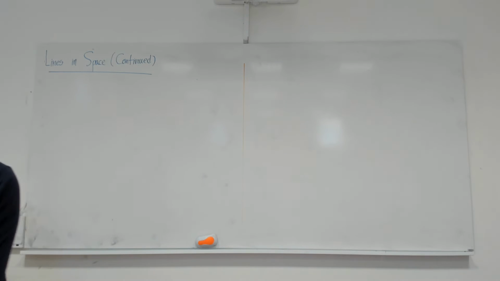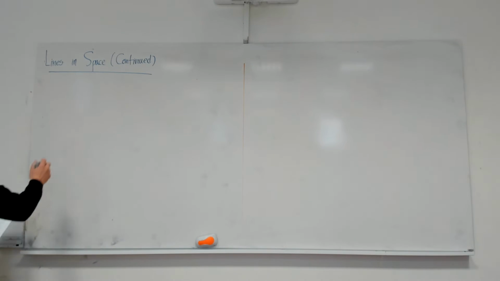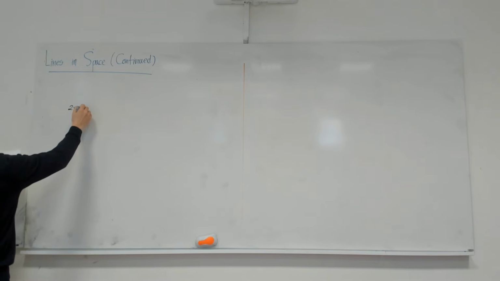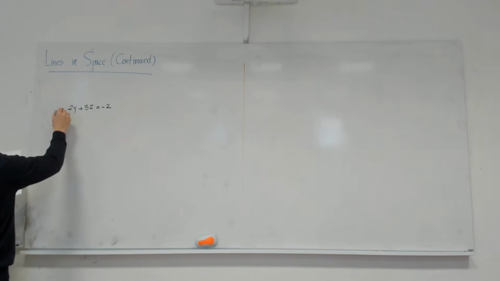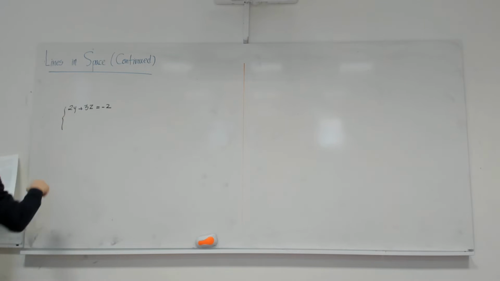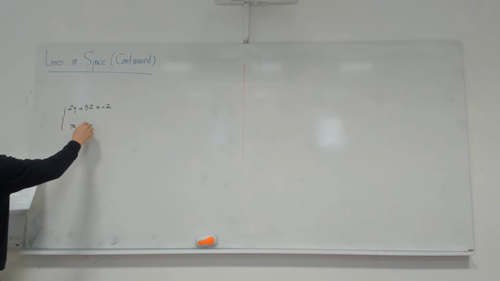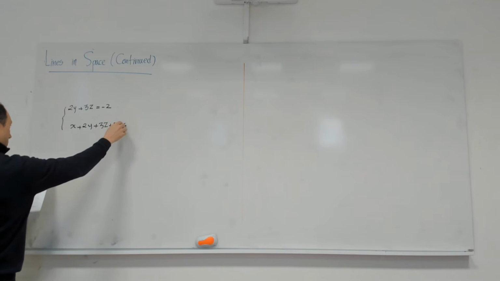Okay, let me ask you one question. I write 2y plus 3z is equal to minus 2, and I put this curly bracket here, and I write x plus 2y plus 3z plus 2 is equal to 0.